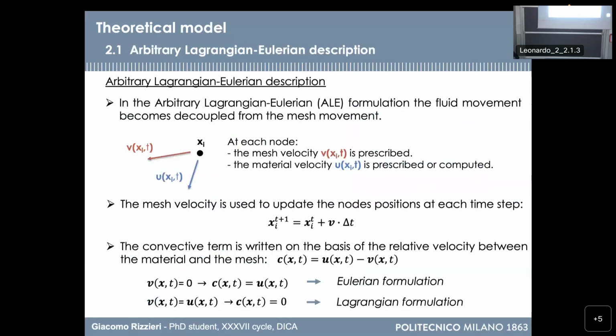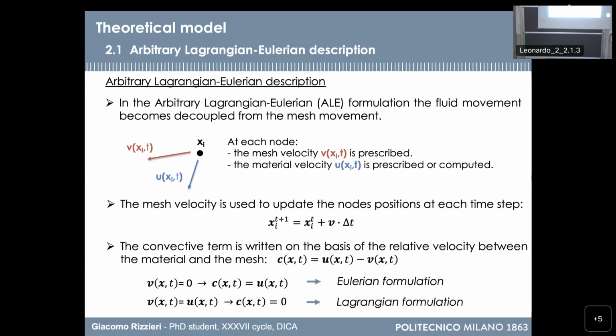So the Navier-Stokes equations are written in the next slide in the arbitrary Lagrangian Eulerian description. The reason for this is that the ALE formulation will allow us to simplify the treatment of the moving boundary conditions at the nozzle. And this is something I will show later on.